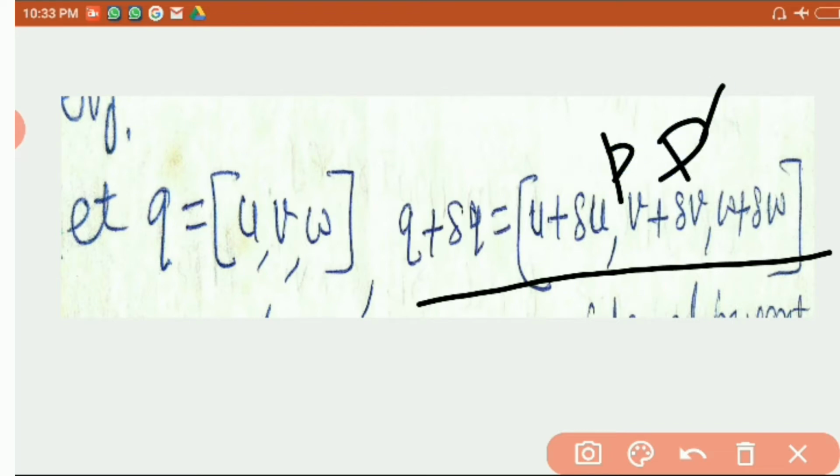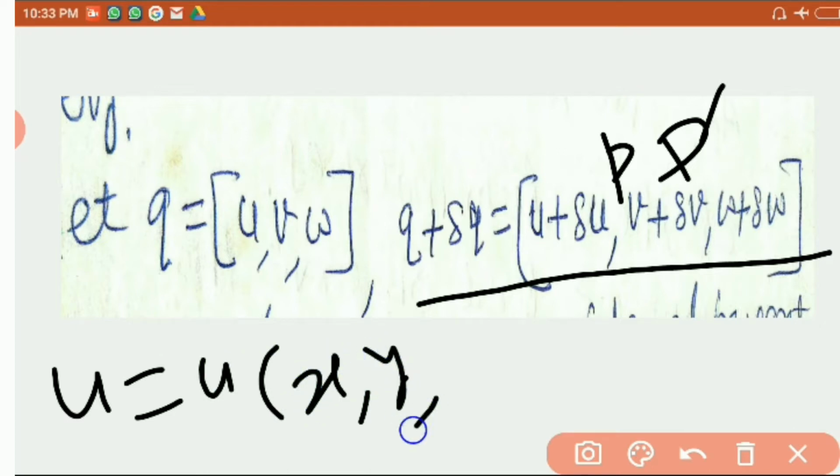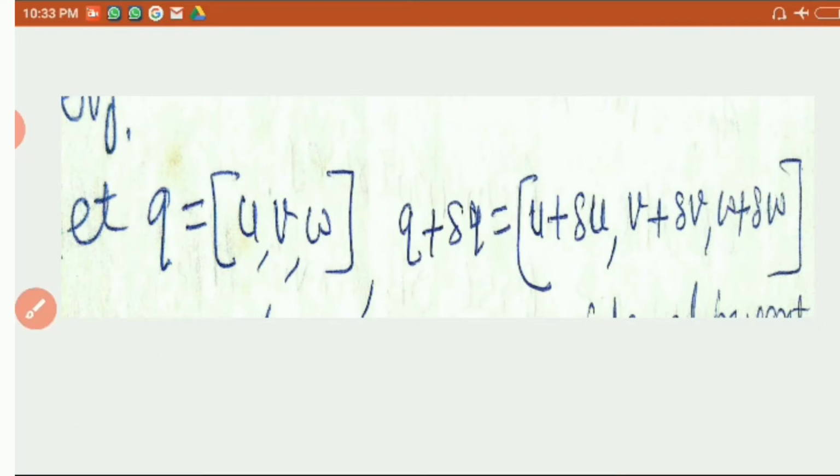of P and P dash at the considered instant of time t. Since u is equal to u of (x, y, z, t), and t is not varying here, we have the system of equations.